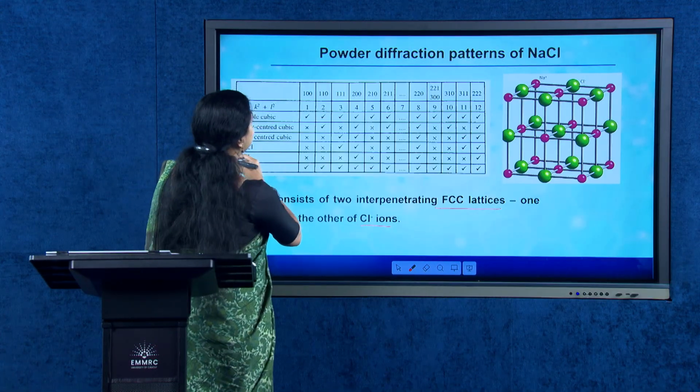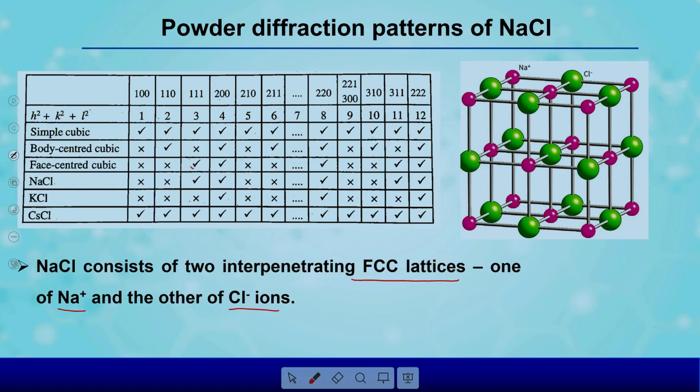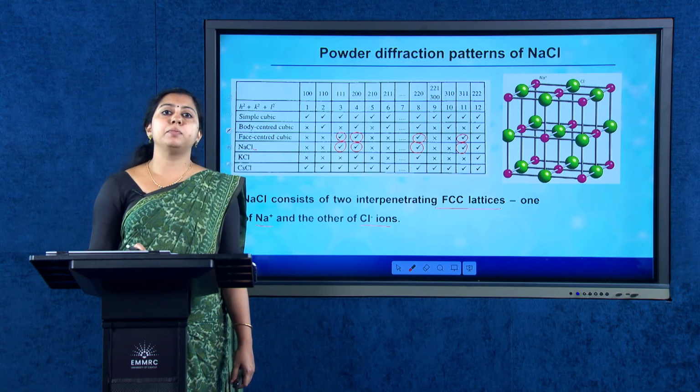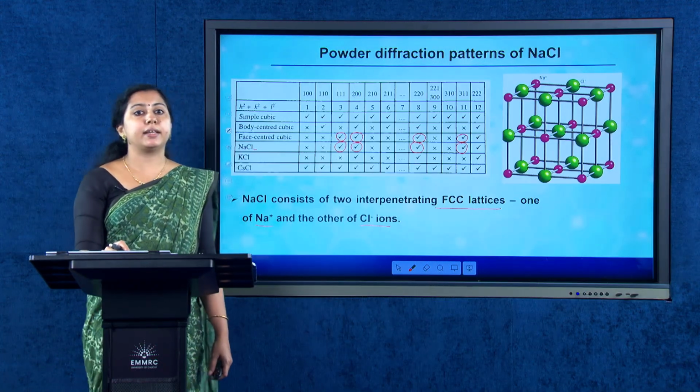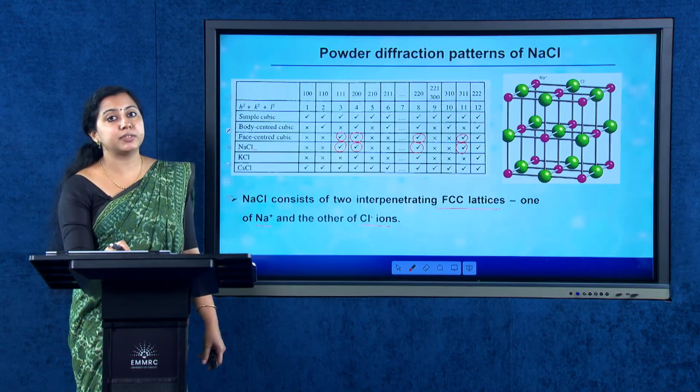So, for a face centered cubic, we have reflections for 111, 200, 220, 311, etc. Similarly, if you consider NaCl, you can see similar reflections here: 111, 200, 220, 311, etc. So, you can see that the powder diffraction pattern is very much similar to that corresponding to the FCC lattice. So, we can say that NaCl consists of an FCC lattice.